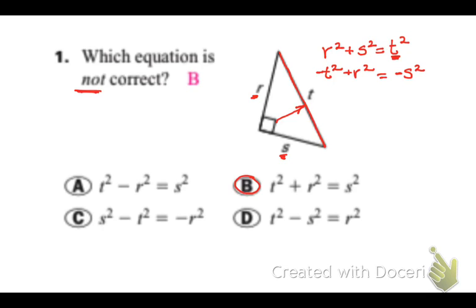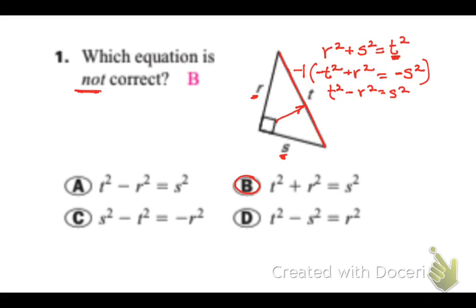Now if I multiply all this by -1, I come up with t squared minus r squared equals s squared, which is A. So A works. It turns out C and D work.